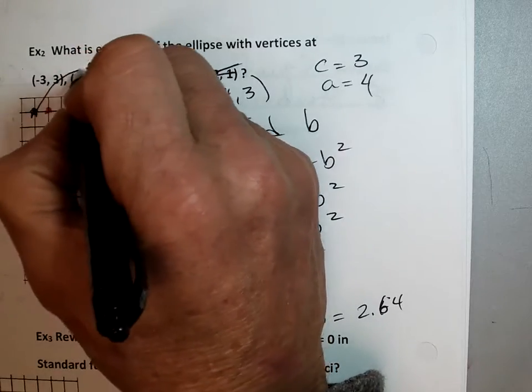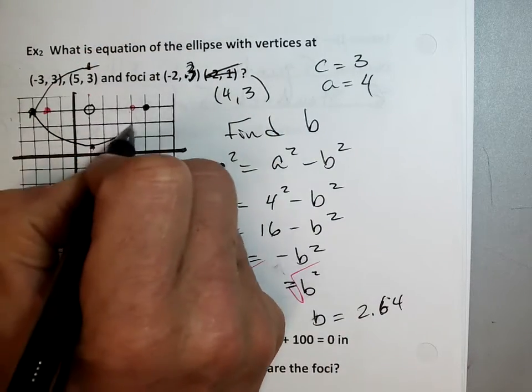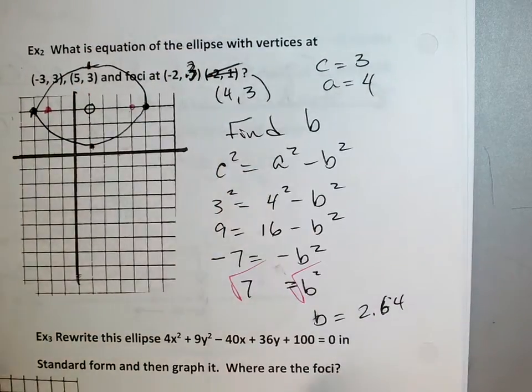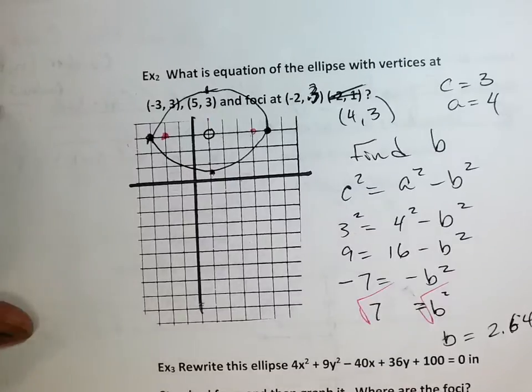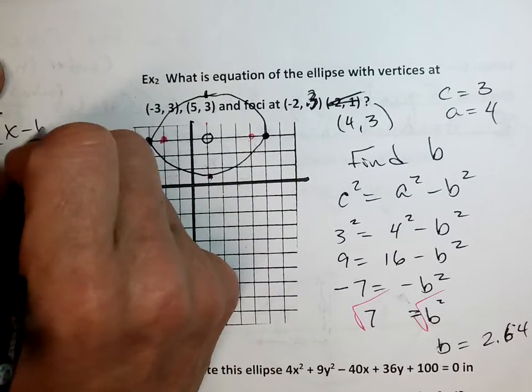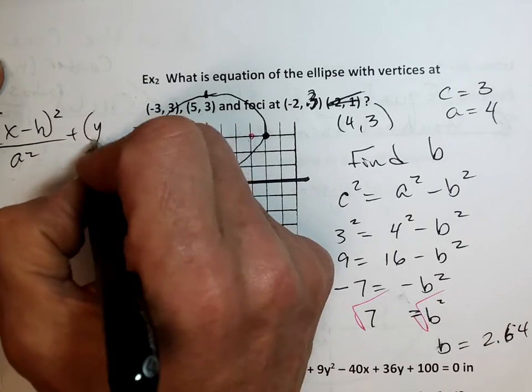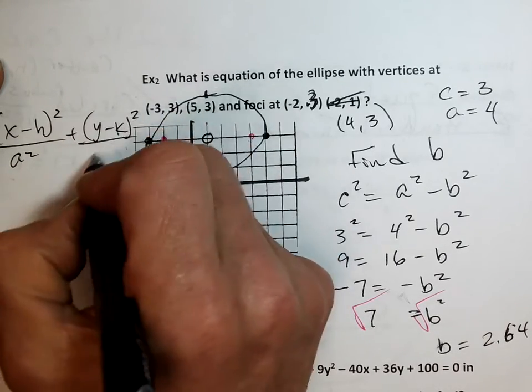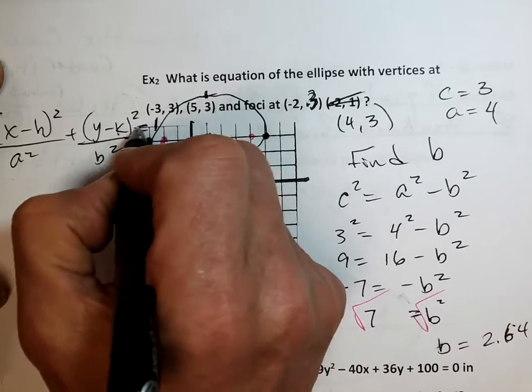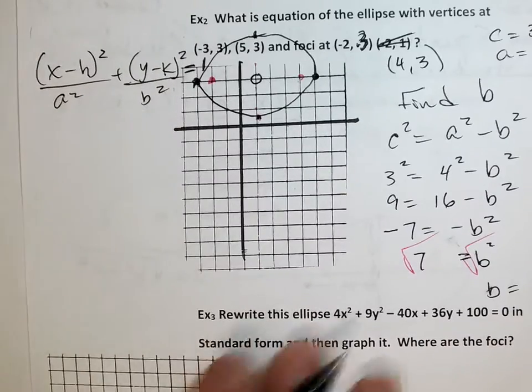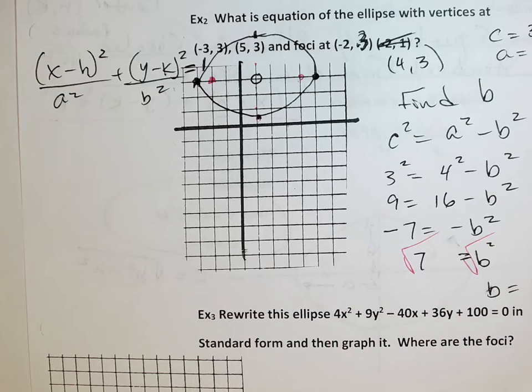Now I still need the equation, but the equation is going to be easy. The equation came from (x minus h) squared over a squared plus (y minus k) squared over b squared equals 1. Sorry, I squeezed it in there. That's my standard form, right? Now all we have to do is put the numbers where they belong.